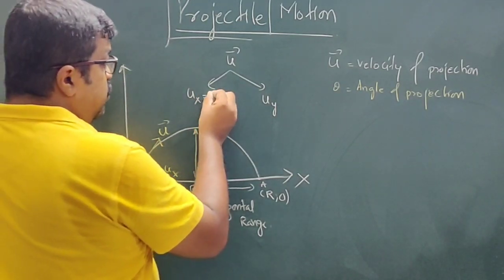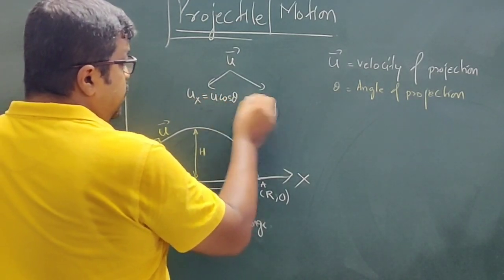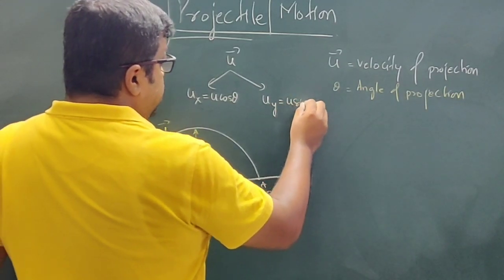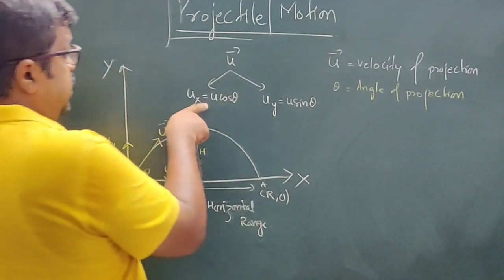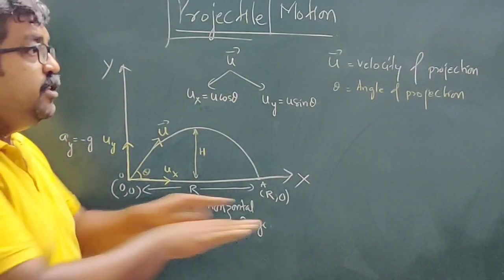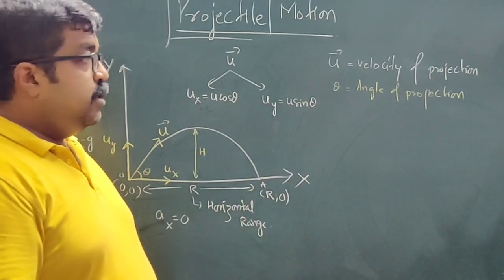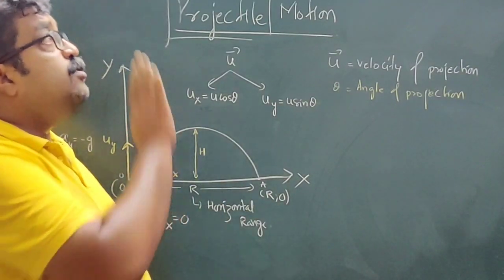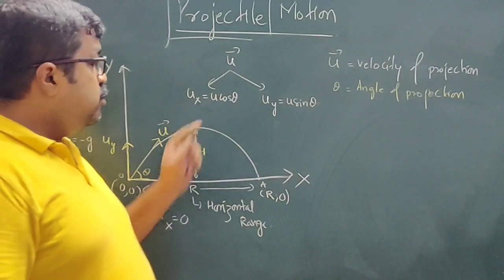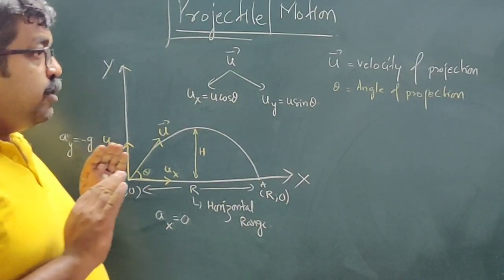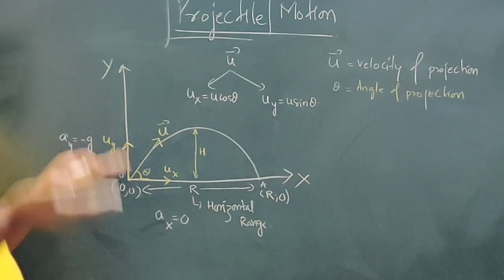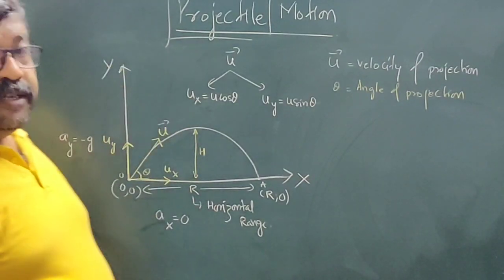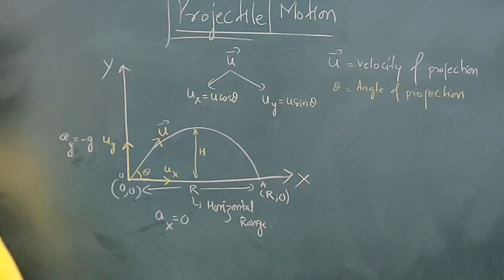So ux is equal to u cos theta, uy is equal to u sin theta. U cos theta is the velocity in this direction, and u sin theta is the velocity in the upward direction. So u cos theta will move the projectile in this direction, and u sin theta will move the projectile in the upward direction. But in the upward direction, this retardation will take place.